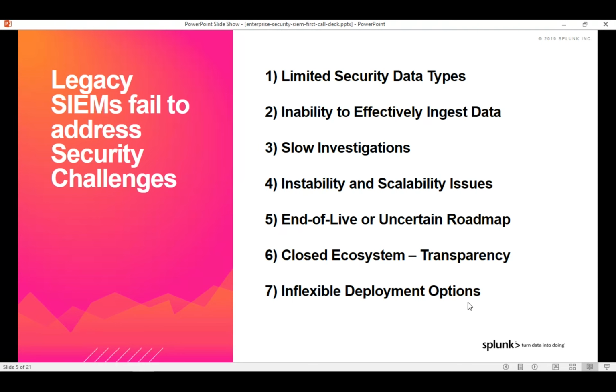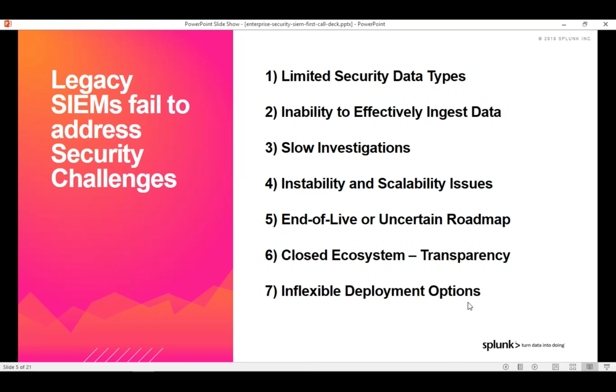They're only capable of ingesting security log data. Moreover, because of the lack of capability to do analytics, wherein you need to understand the different data types, how to ingest them, and look into the overall picture, they lack the capability of investigation, or rather speed, I would say. So this leads to another challenge, where because of the speed, they're not able to scale, and they're unstable.